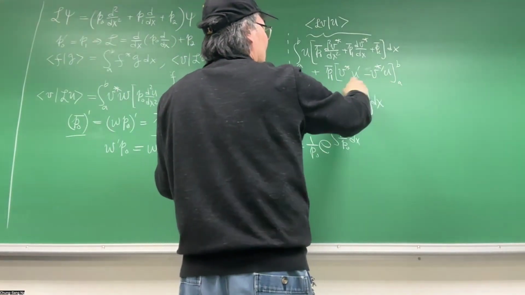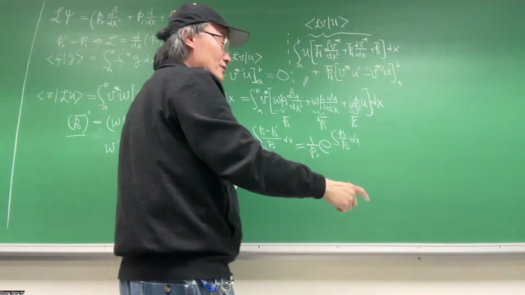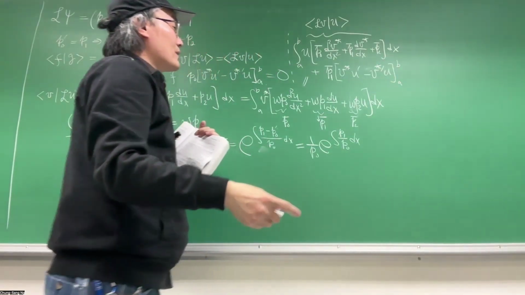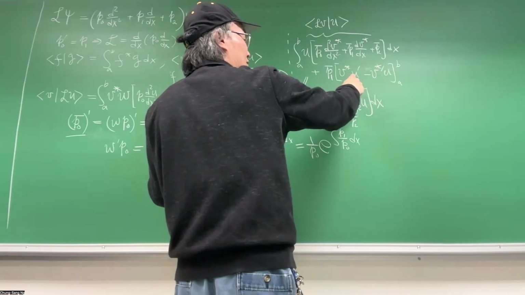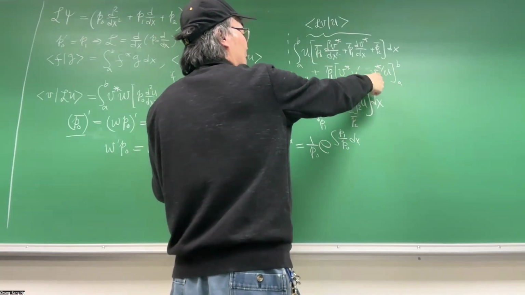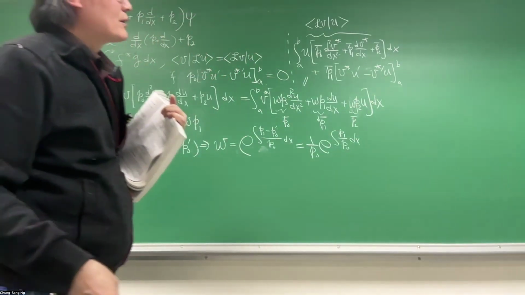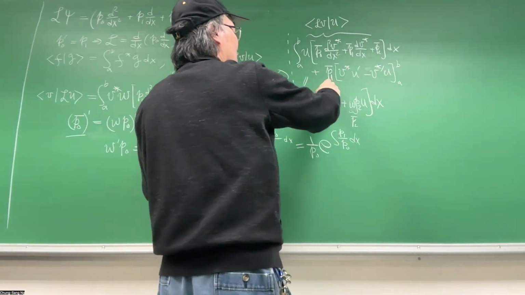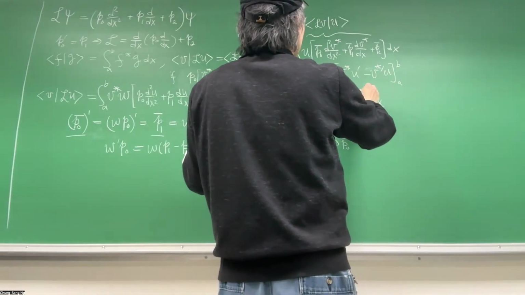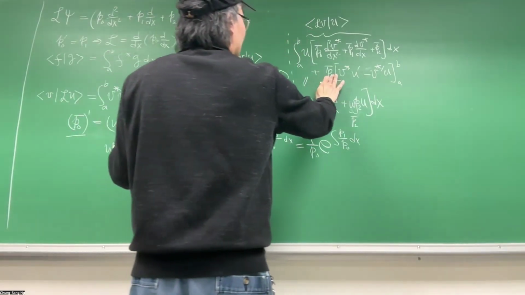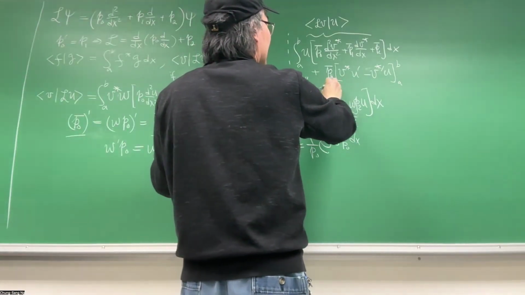And again, there are three ways to make it zero. Either the functions u and v are zero at a and b. That's the Dirichlet boundary condition. And then the next possibility is the derivatives, u prime and v prime, are zero at a and b. So that's the Neumann boundary condition. And the third one is P1 bar is zero. So no, this is P0 bar.